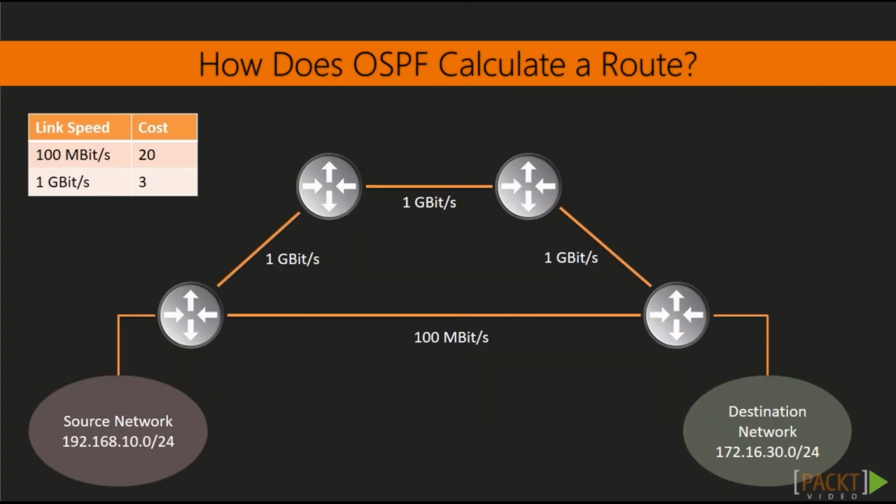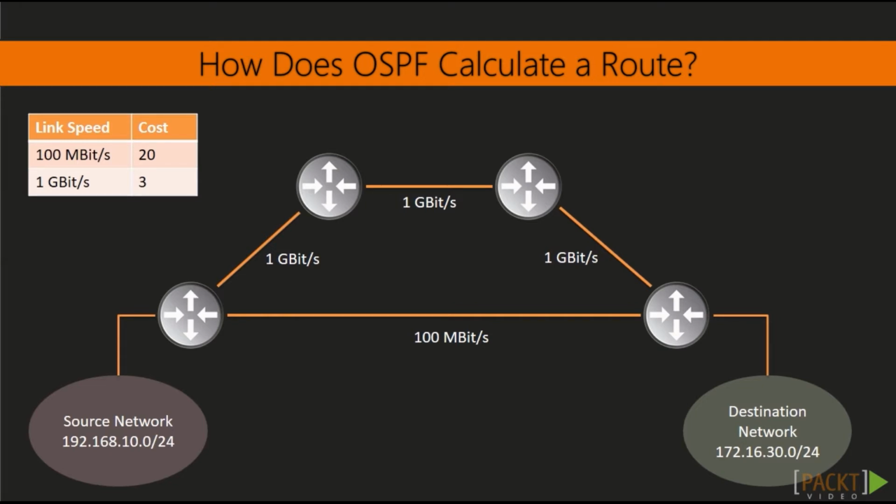So firstly, how does OSPF calculate a route? In our example, we have 4 routers connected with different link speeds to each other. In this example, I refer to the northern route and the southern route. In the northern area, we have 3 1 gigabit links, and in the southern area, we have a 100 megabit link.